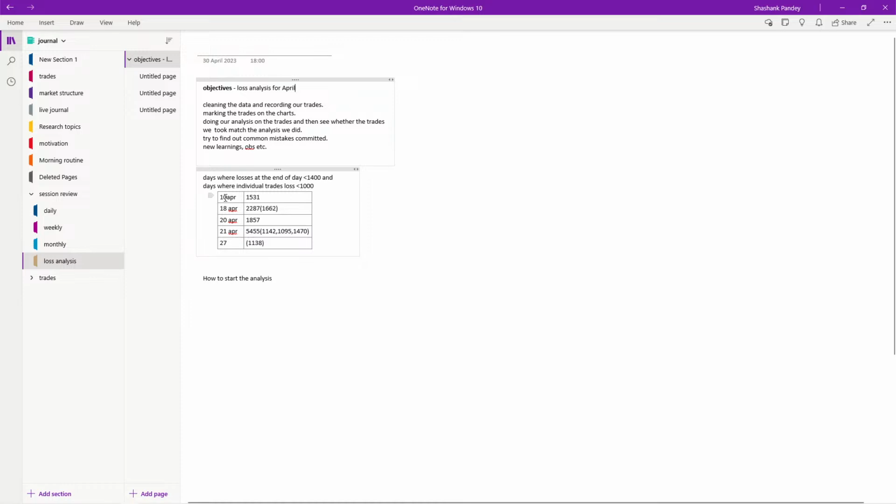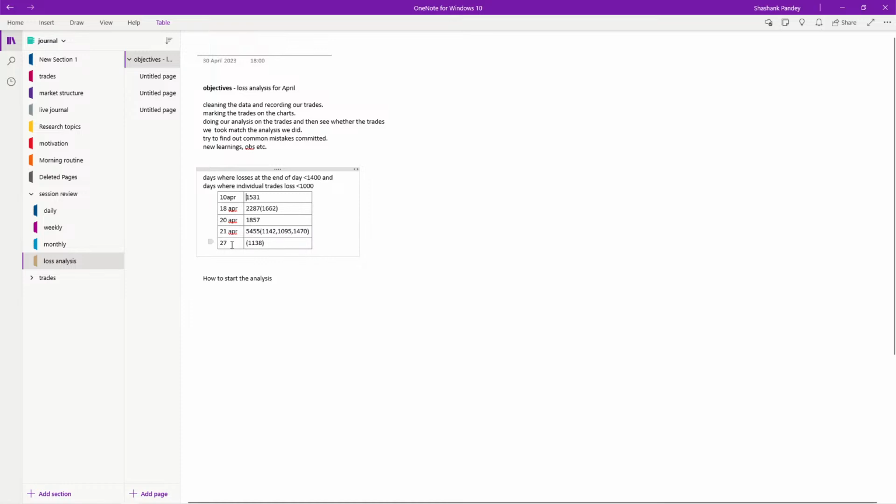The individual trades are in brackets, and the end of day figure is just written over there. So these are 5 days: 10th April, 18th April, 20th April, 21st April, and 27th April. These are the days where I ended up in loss.